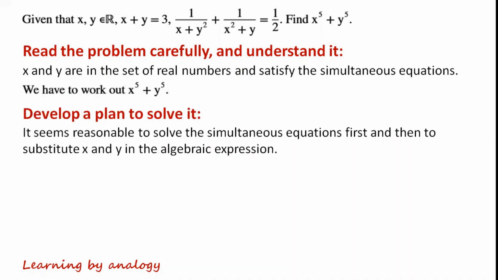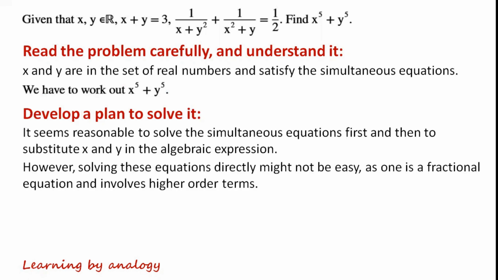It seems reasonable to solve the simultaneous equations first and then to substitute x and y in the algebraic expression. However, solving these equations directly might not be easy, as one is a fractional equation and involves higher order terms.